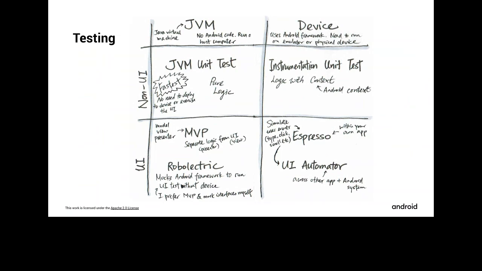She created this grid that explains everything that you need to know. And I'll try to find a link to this, and I'll send that to everybody. But yeah, these are the different types of testing that you want to do, and the libraries that you want to use in order to do that.